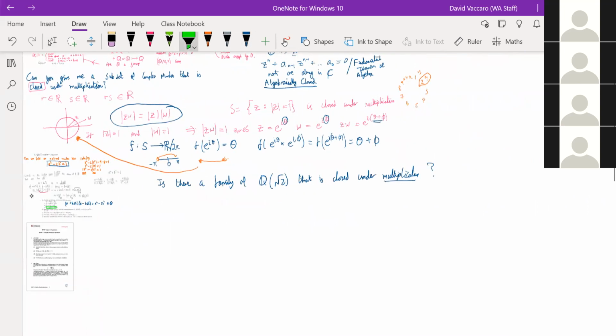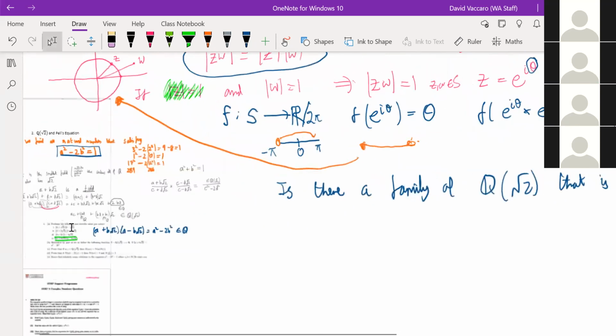And I'll give you a clue. What is the analog to the set of numbers with modulus 1 in Q root 2?